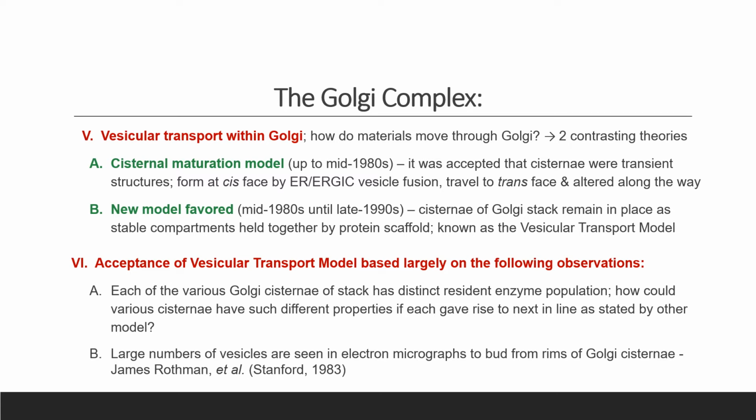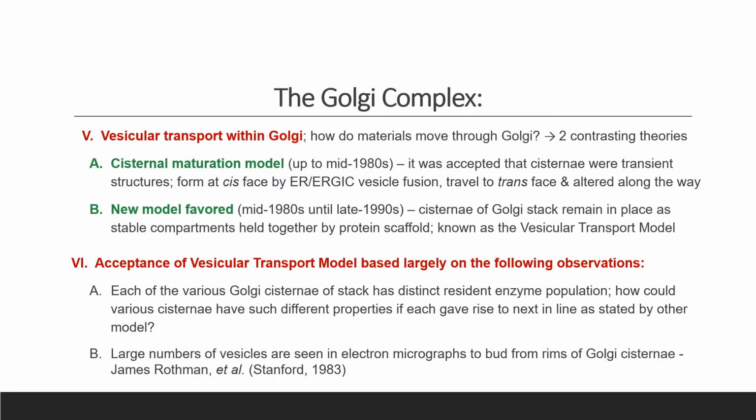However, a new model was favored from the mid-1980s until the late 1990s, wherein cisternae of the Golgi stack remain in place as stable compartments held together by a protein scaffold, known as the vesicular transport model. Acceptance of the vesicular transport model was based largely on the following observations.